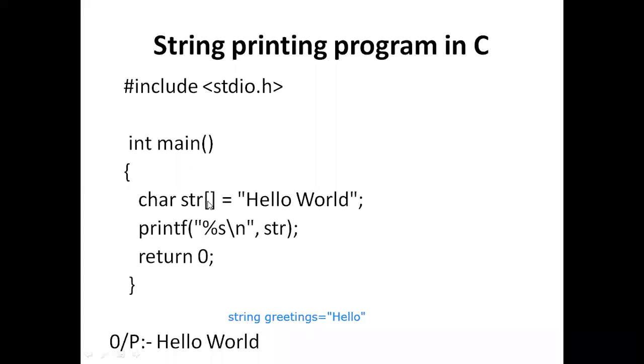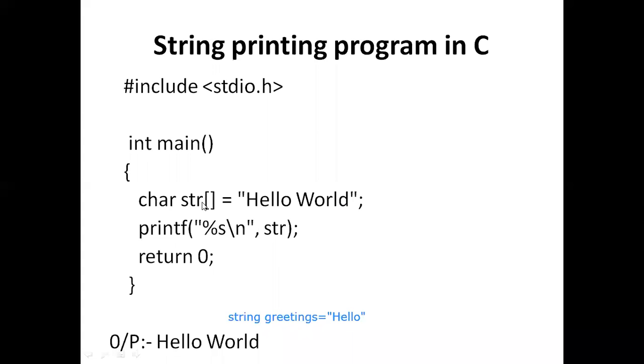If I declare 6, then 6 characters can be stored in this one-dimensional array of characters. But if I don't mention any value here, then by default any number of characters can be stored. This is an array of characters and the name is str. In that str array, I can store any number of characters.